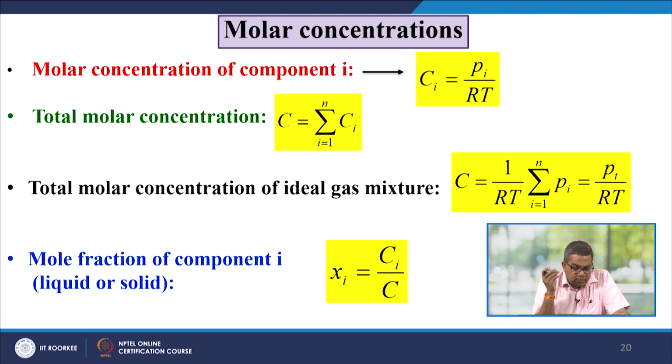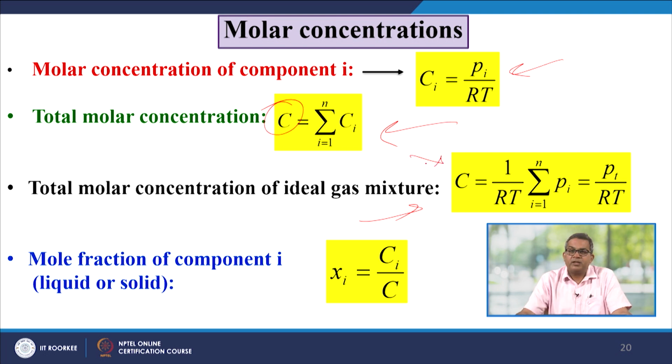Another quantity in question is the molar concentration of component i, that is Ci equals Pi over RT, and the total molar concentration can be represented as C equals the summation from i to n of Ci. For an ideal gas mixture, this can be represented as C equals 1 over RT times the summation of Pi, which equals Pt over RT.